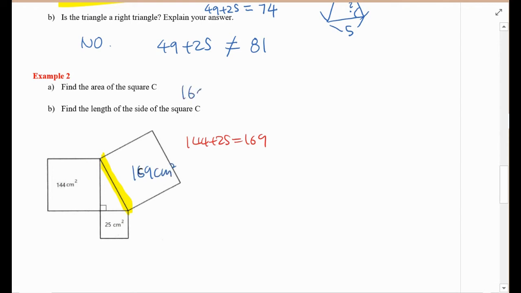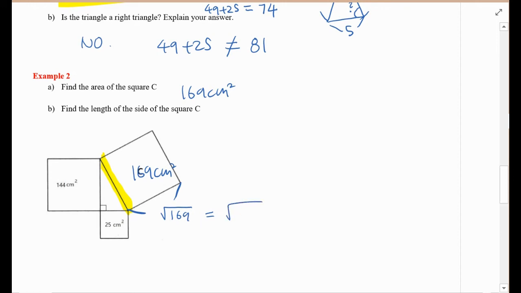So 169 square centimeters. Now find the length of the side of the square C. We know the area is 169, so we are going to figure out the side length. How do you find the side length? That is the square root of 169. What is the square root of 169?